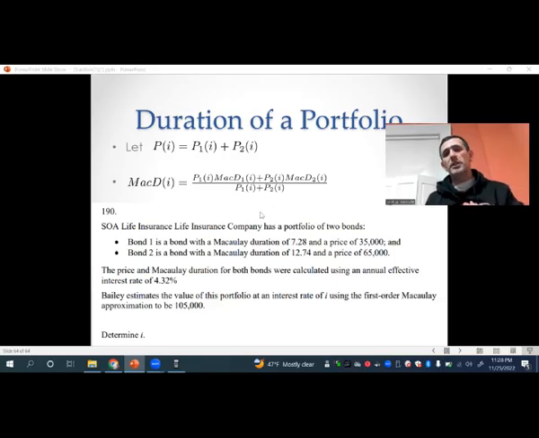Exact same logic as before. To get the derivative of each of these pieces of the annuity, you just use the fact that minus 1 plus i times the derivative would be the price times the Macaulay duration.